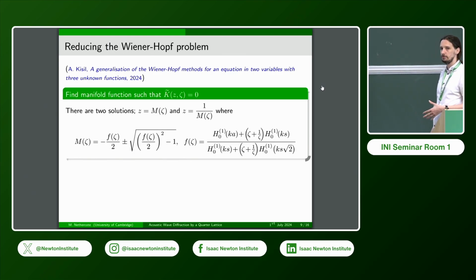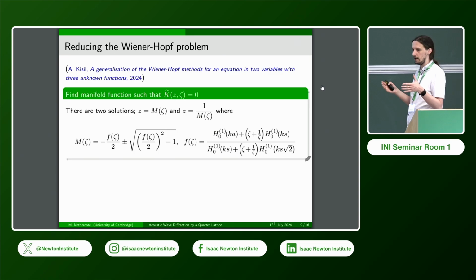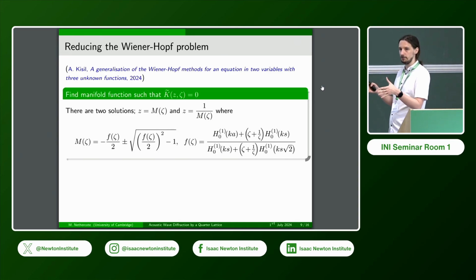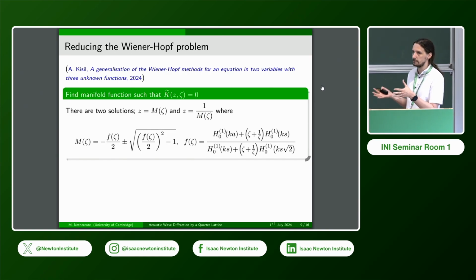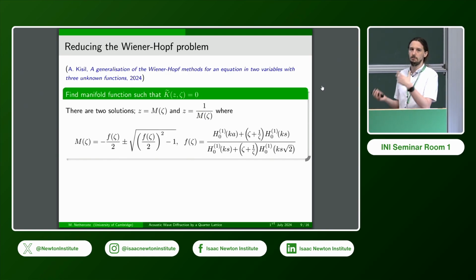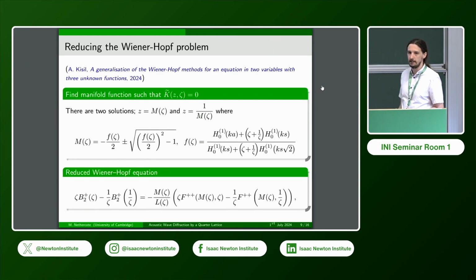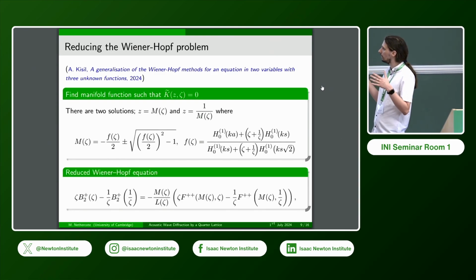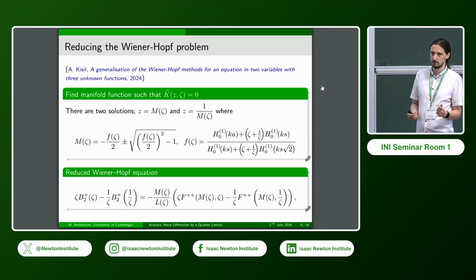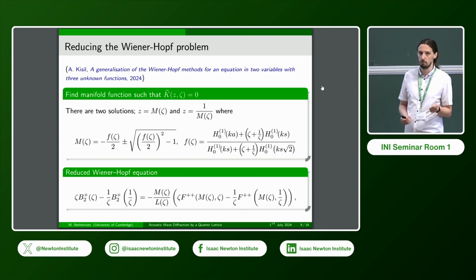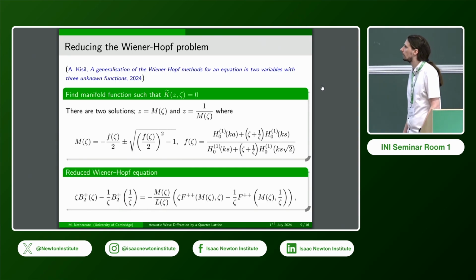Now what this will do is eliminate one of the unknowns, notably the A++, and then we get two simplified Wiener-Hopf equations, which we can then add and subtract to eliminate more unknowns, and this is the result. So now we have a reduced Wiener-Hopf equation that has one complex variable and one unknown function.